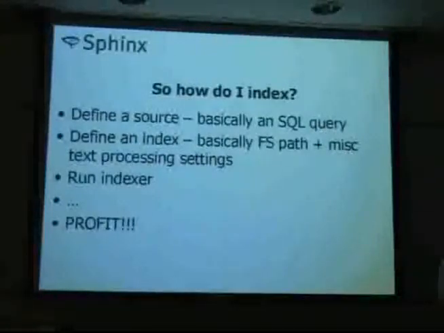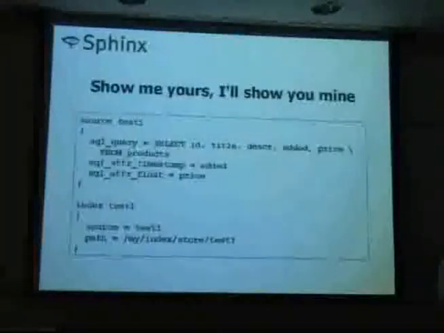You define an index, which is basically just a path in the file system where Sphinx will store the data files plus some tokenizing settings and stop words and stemming settings and so on and so forth. There's plenty of settings that you can use here. You run the indexing program, it builds the indexes or rebuilds the indexes, and this is it.